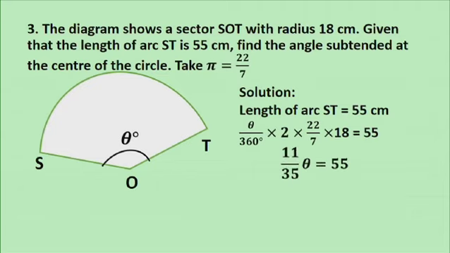Simplifying the left-hand side, we get 11 over 35 theta is equal to 55. Therefore, theta is equal to 55 multiplied by 35 over 11. The angle subtended at the center of the circle is 175 degrees after simplifying the above.